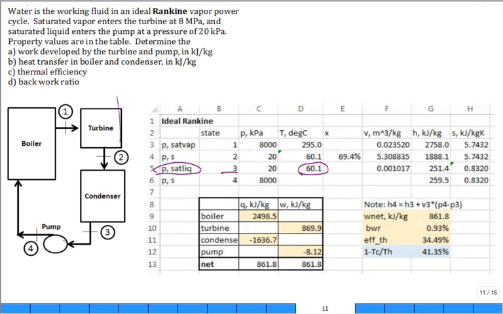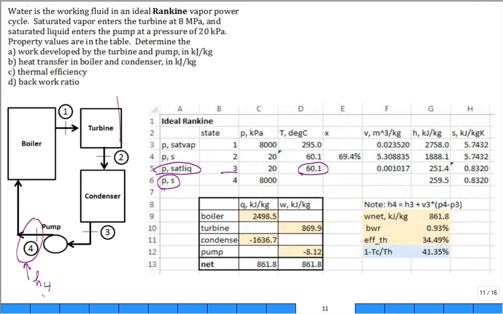And how do we analyze state 4 then? What 2 pieces of information fix the state? Well, it's really pressure and entropy that fix the state. But I really need the enthalpy at state 4. How do I get the enthalpy? How do I make that calculation?